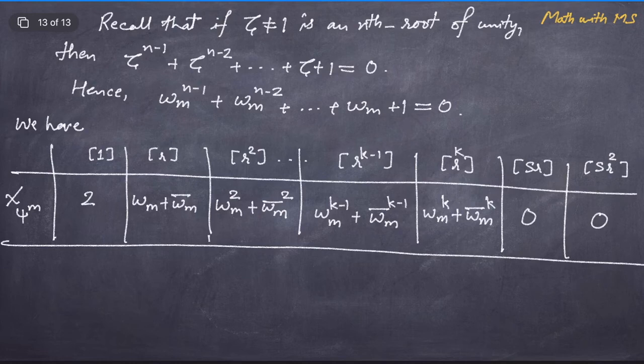So we can now compute the inner product of the character psi m with itself. Let us now compute the inner product of the character chi of psi m with itself.